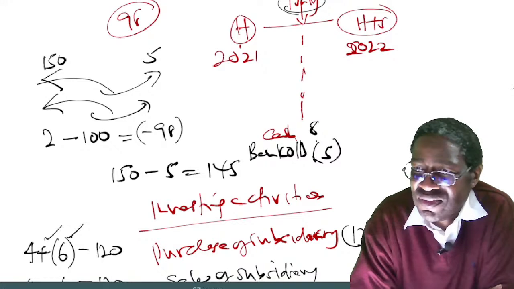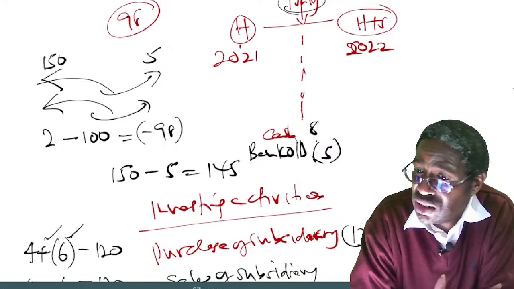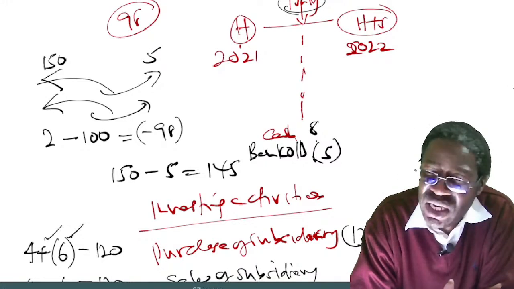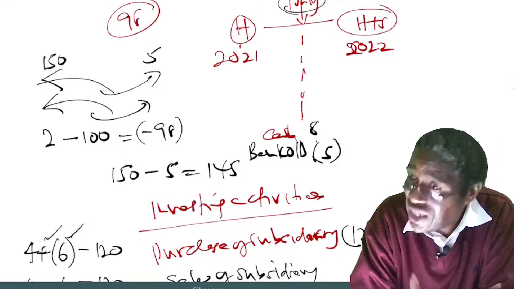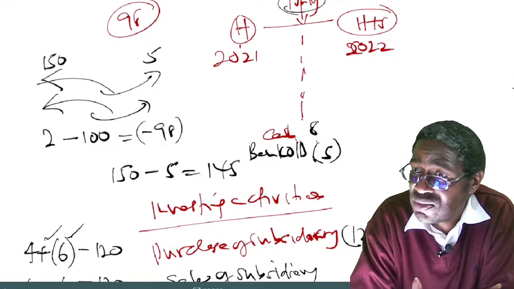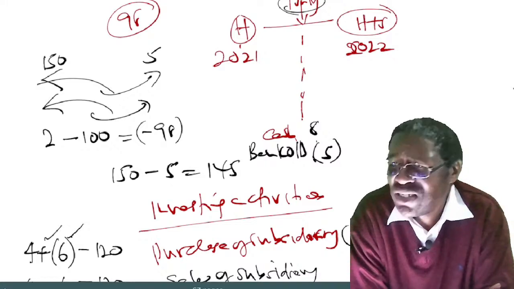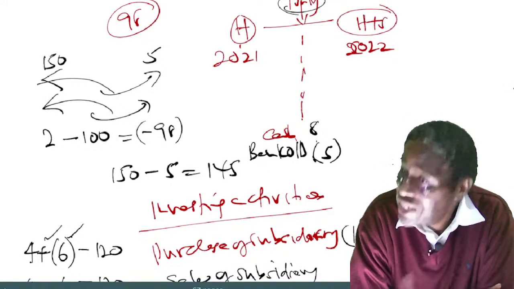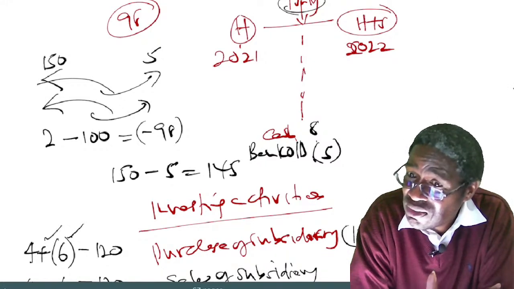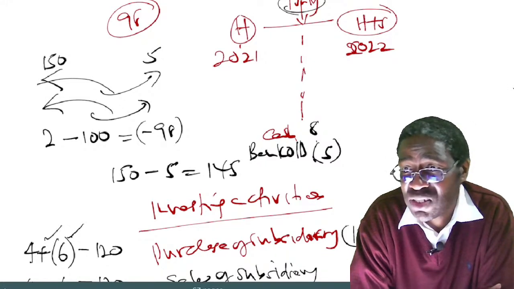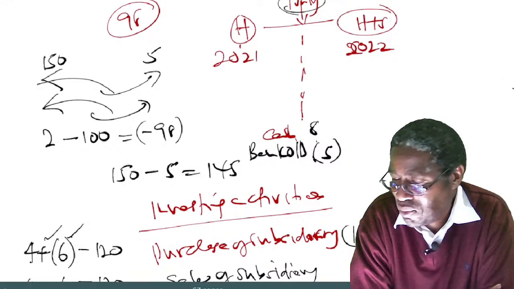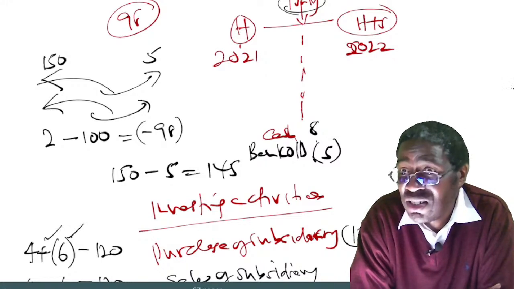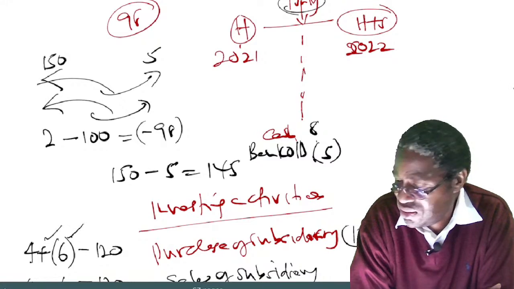Okay. The argument does not change. Take what came in, minus what went out. Why are we getting different answers when I've already explained? Take what came in, minus what went out.